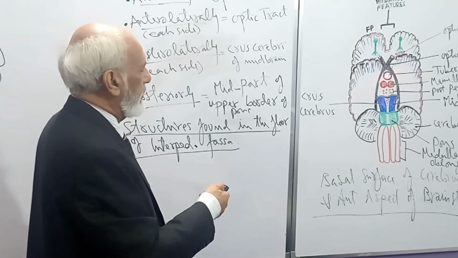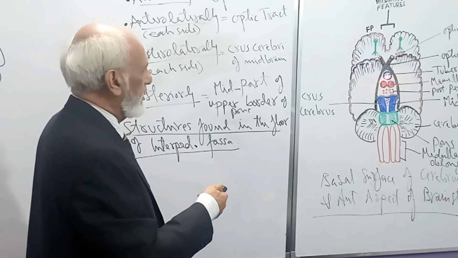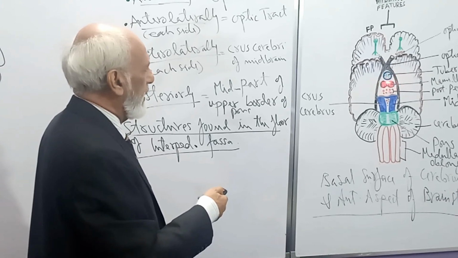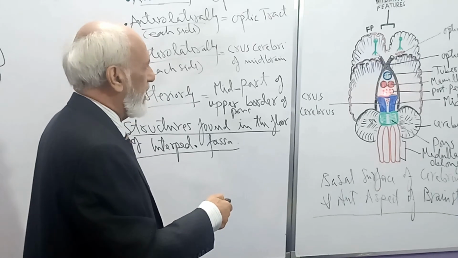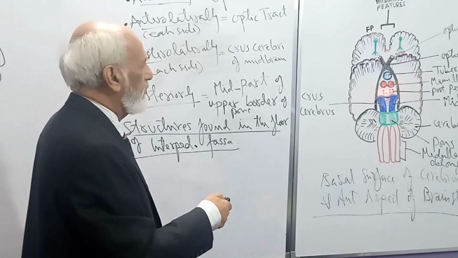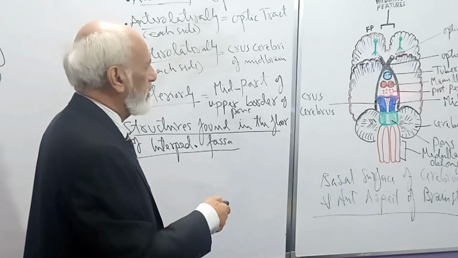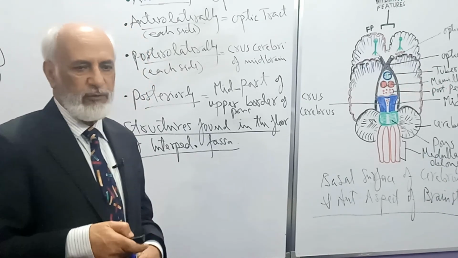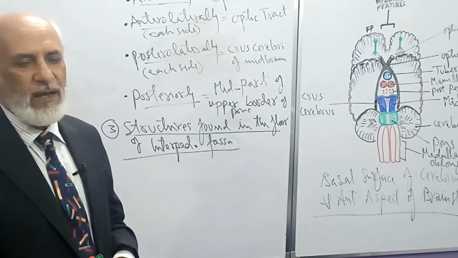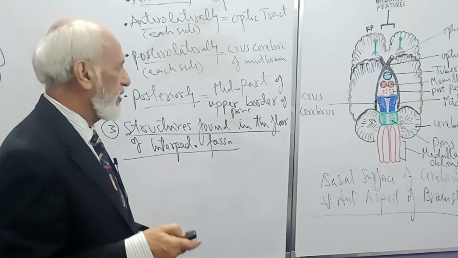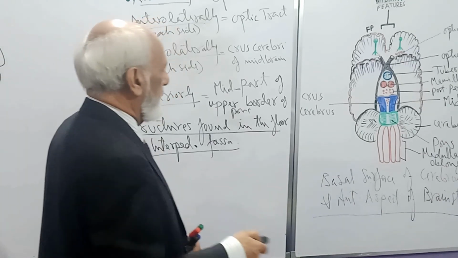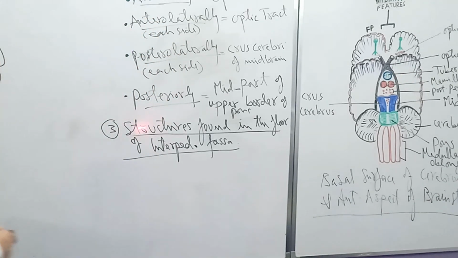Then behind the tuber cinereum, in the floor are right and left mammillary bodies, and still behind the mammillary body there is a small area in the midline which shows perforations, the posterior perforated substance, which is perforated by the central branches of the circle of Willis and posterior cerebral artery. These were the structures found in the interpeduncular fossa.